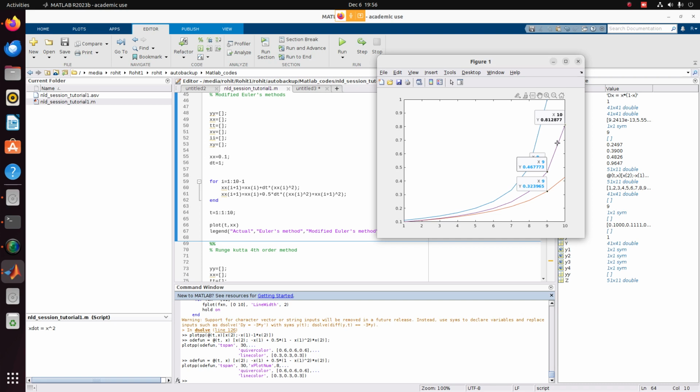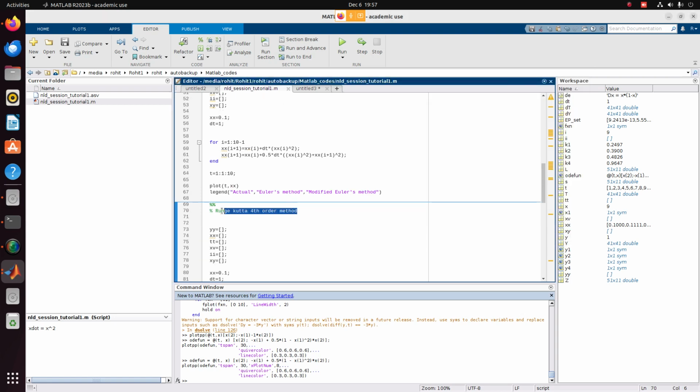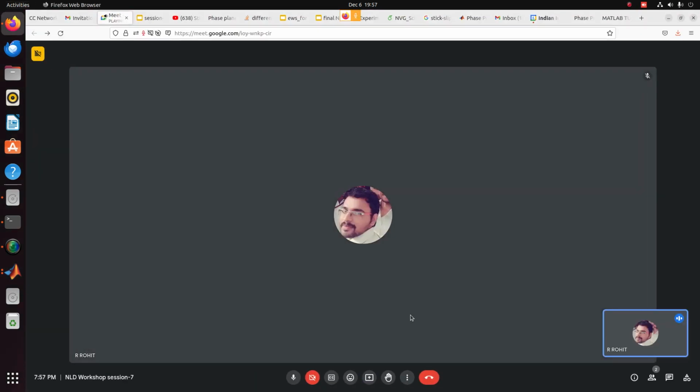Now this is also an improved version of Euler's method, but there are higher orders where you use third, fourth and fifth orders, and then you take the average of that. So a well established method is what you call Runge-Kutta method. We will first look into what is Runge-Kutta method, and then we will look into the code.